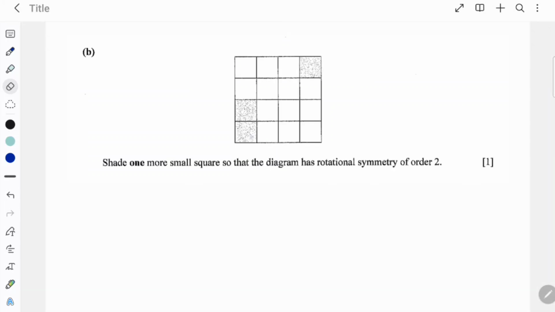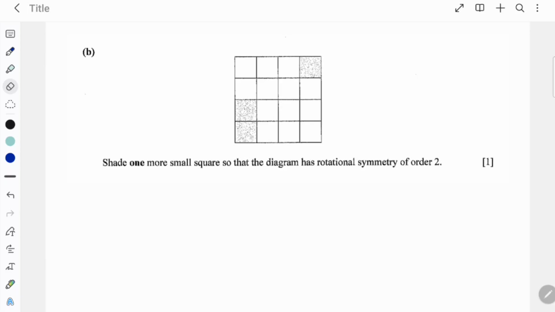Alright, part B of the same question: shade one more small square so that the diagram has rotational symmetry of order 2. So we'll have to rotate it through 360 degrees and check how many times it maps to its original position. It should map 2 times. So I'm going to shade this one and then check it.